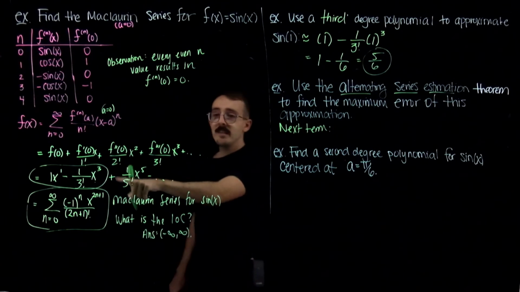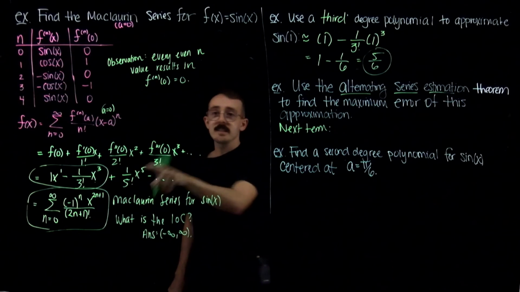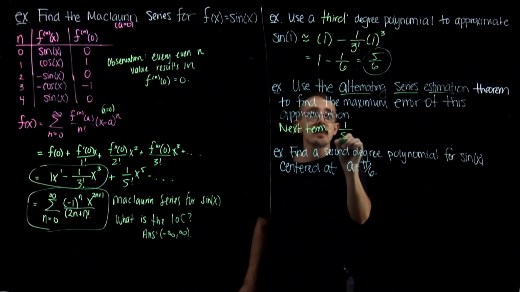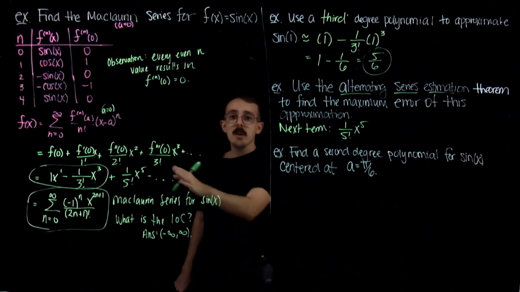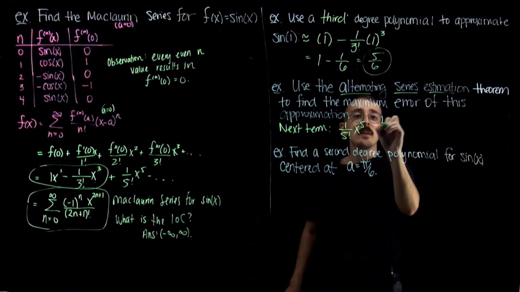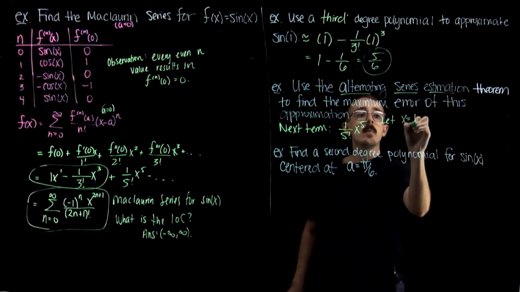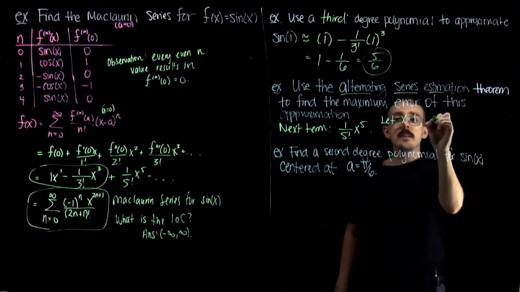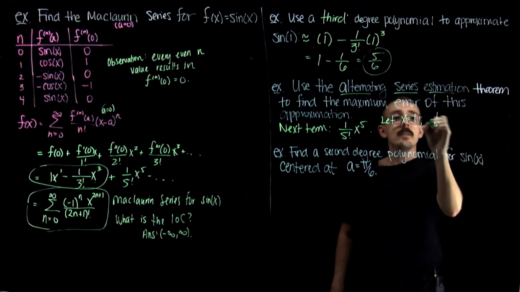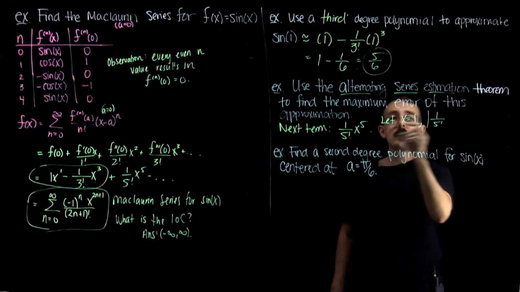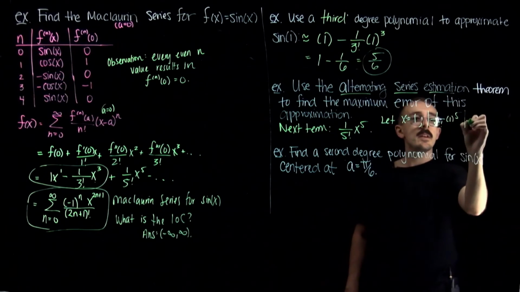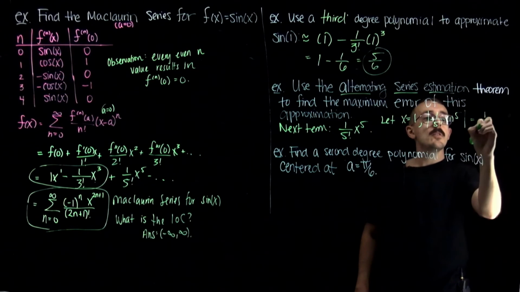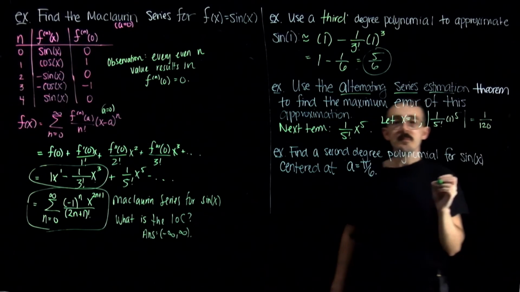And our next term in the series is this one, the one we didn't use. So this is the first one that we discarded. And what I need to do is plug 1 into that. So we're going to let x equal 1. Then we get the absolute value of 1 over 5 factorial times 1 to the 5th power. I'm plugging in 1. That's equal to 1 over 120.